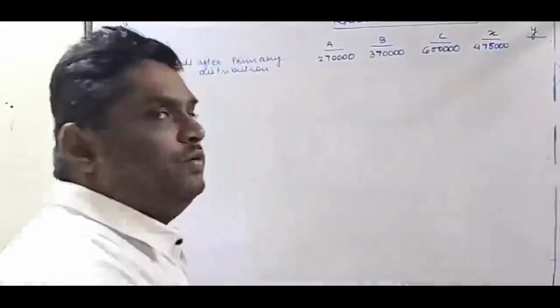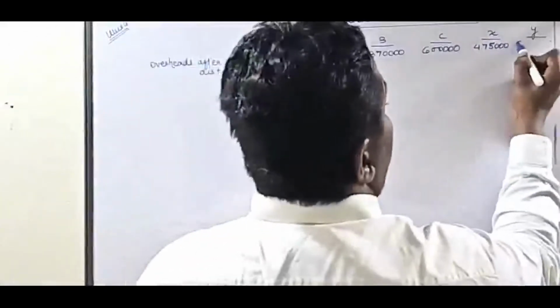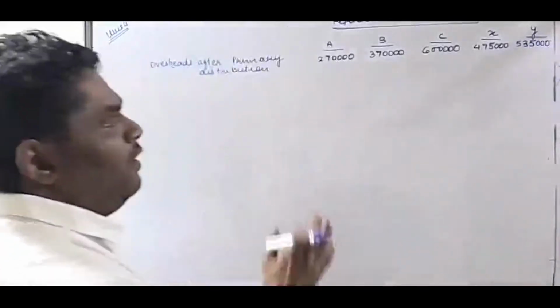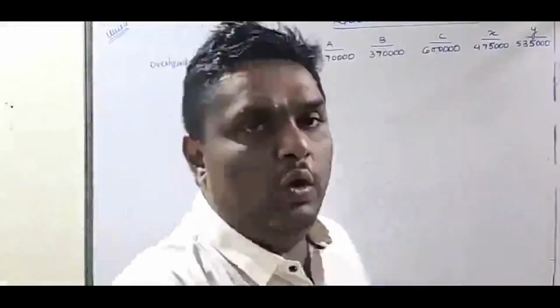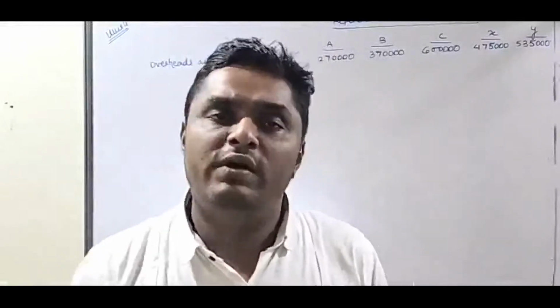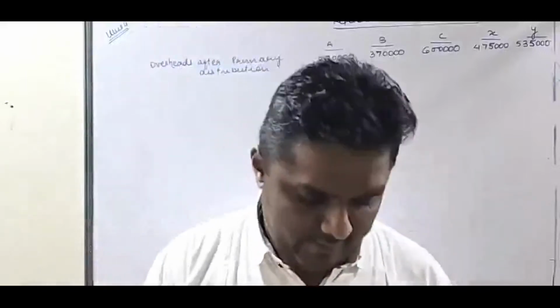And for Y, it was 5,35,000. So we are already done with this exercise of allocation and apportionment.